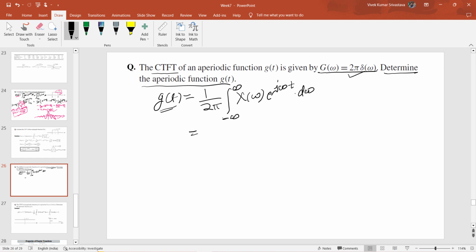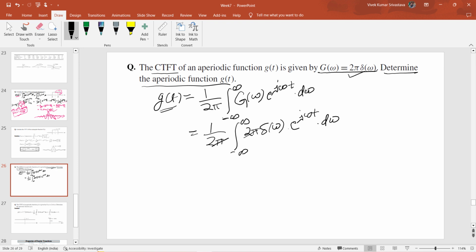Now put the value of g of omega here. You will get 1 over 2 pi integral from minus infinity to infinity of 2 pi delta of omega into e raised to the power j omega t d omega.